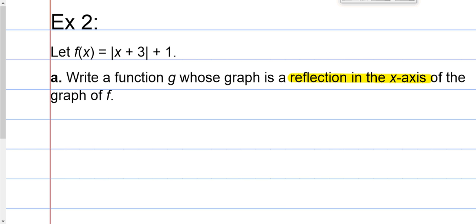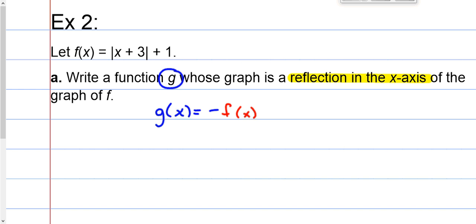So now I'm trying to write a function just like I did before. I'm writing a function g, so I'm going to start with g of x. I've just got this one thing going on here, and it's a reflection on the x-axis. So remember, if you're reflecting in the x-axis, then you are going to put a negative on the outside of my f of x function.